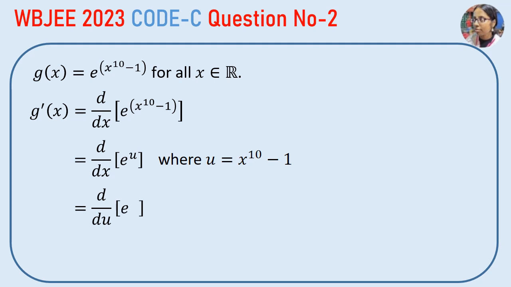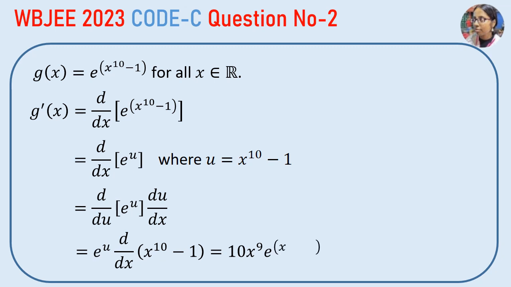So using chain rule, we have d du of e to the power u times du dx. But d du of e to the power u equal to e to the power u. So we have e to the power u times d dx of x to the power 10 minus 1. But d dx of x to the power 10 equal to 10 times x to the power 9, times e to the power u, but e to the power u is nothing but e to the power x to the power 10 minus 1.